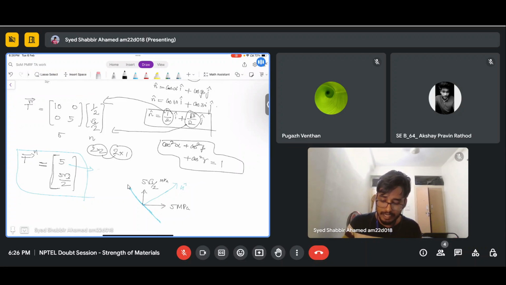These are the stresses acting in the x direction and in the y direction. So this is the stress vector which we have got for this plane, which has a normal 60 degrees inclined with respect to the x-axis.